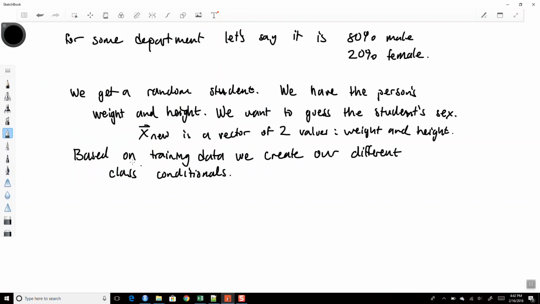Okay, and so for this part where we create our different class conditional distributions, for our example we are going to do just maximum likelihood estimation. It is not Bayesian. You could do a Bayesian approach for this, but we're going to just use maximum likelihood estimation. So basically what this will look like is we have our training data, right?